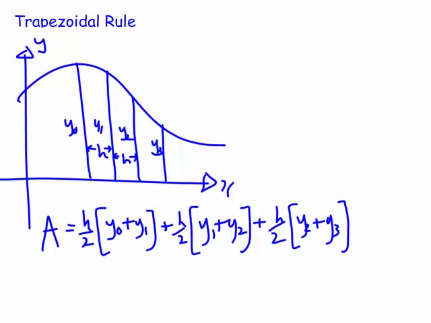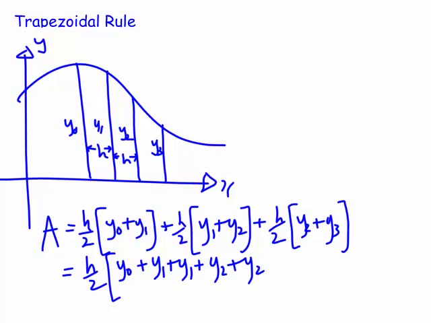Now you can take out a common factor of h on 2, and you'll get a doubling up, so it'll be h on 2, y0 plus y1 plus y1 plus y2 plus y2 plus y3. If we draw little tops across the top of the trapeziums, this would be an approximation to the area under the curve.